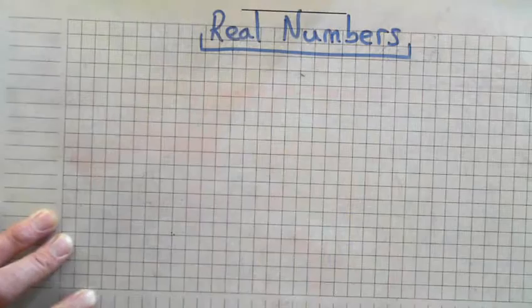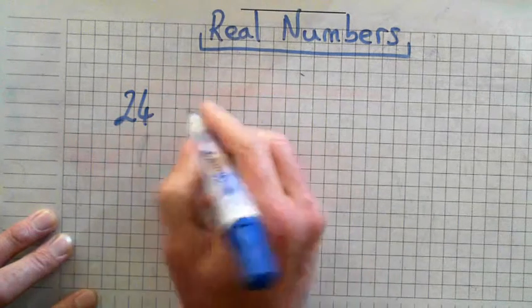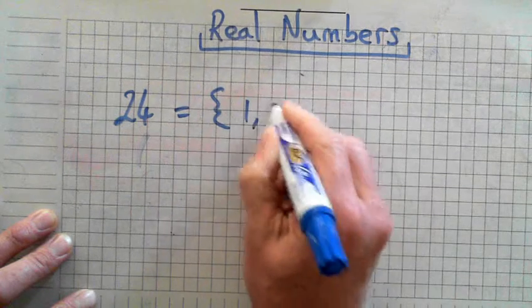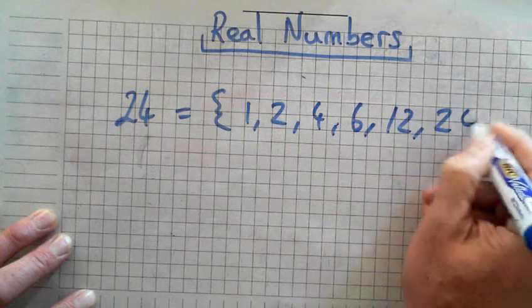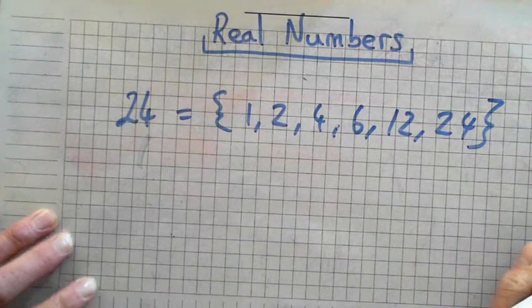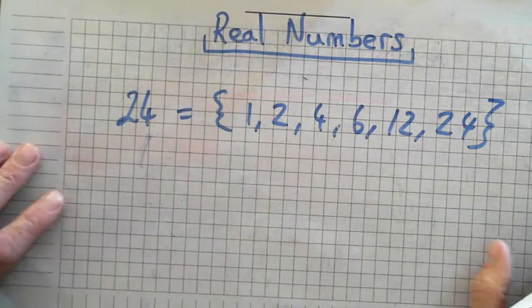So, what are all the factors of 24? So, 1, 2, 4, 6, 12, and 24. Those are the factors. What numbers will divide into 24?